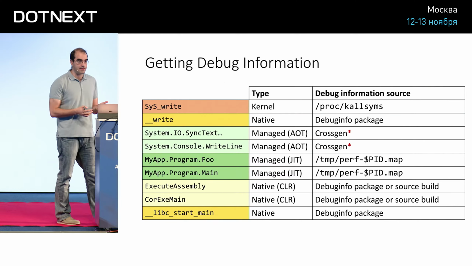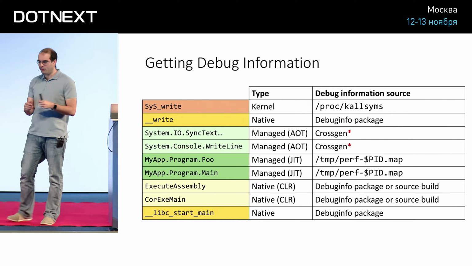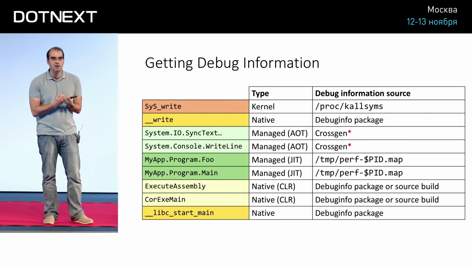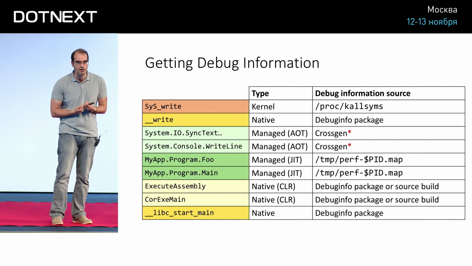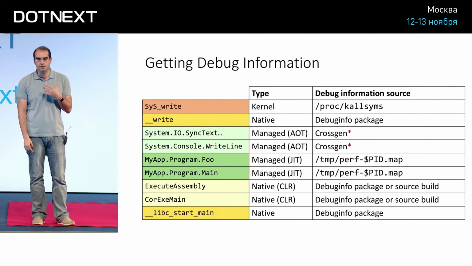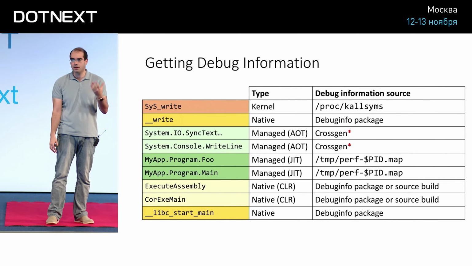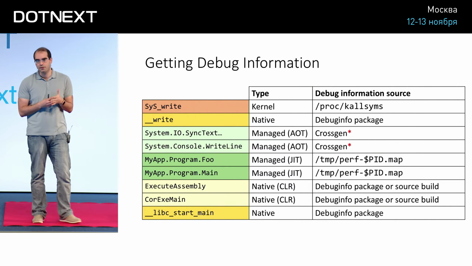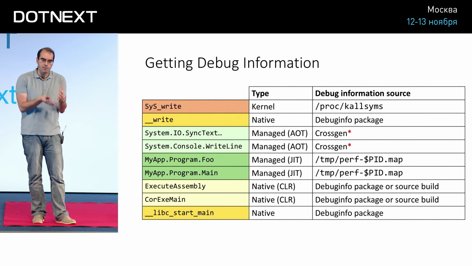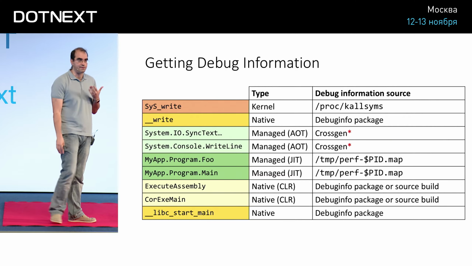So the way to address this is to get debug information. And unfortunately, for different kinds of functions, there are different sources of debug information. I have a few examples here. I'm not going to go over them in a lot of detail, but just as an example, again, anything that is statically compiled, you can get debug information from the binary itself or as an additional package, but it is statically available.